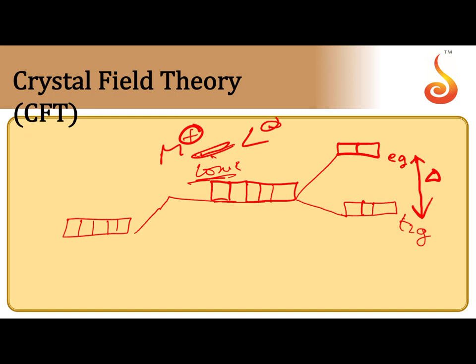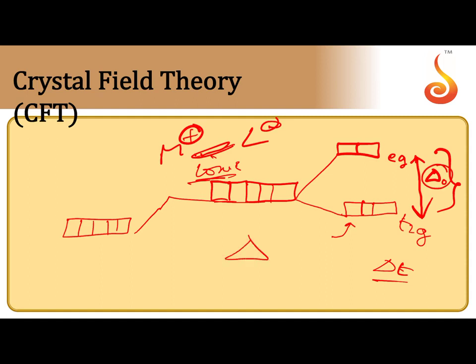The energy gap between those two sets is called delta. If it is an octahedral complex, it is delta O. If it is a tetrahedral complex, it is delta T. This is the crystal field splitting energy. After splitting into 2 sets, electrons enter the orbitals according to the Aufbau principle, Hund's rule, and also Pauli's principle. If this energy is more, pairing becomes easy.